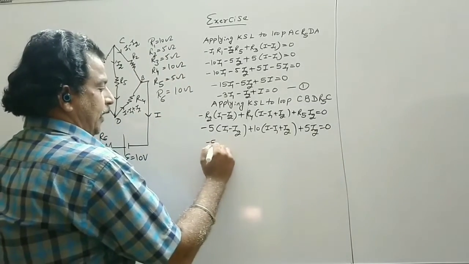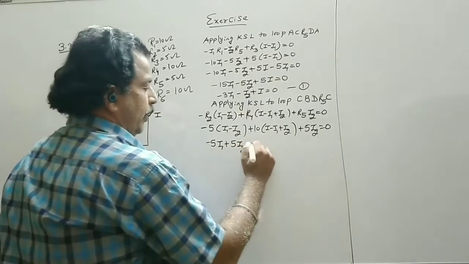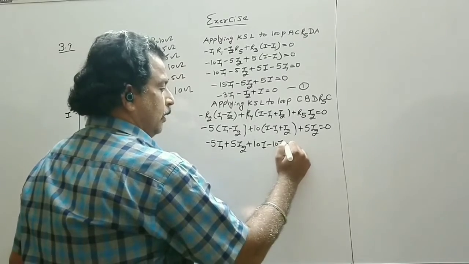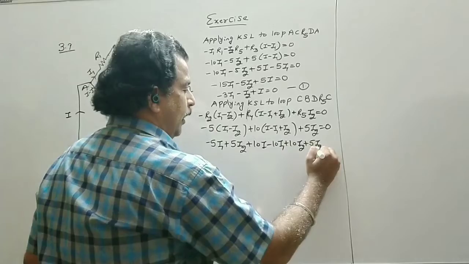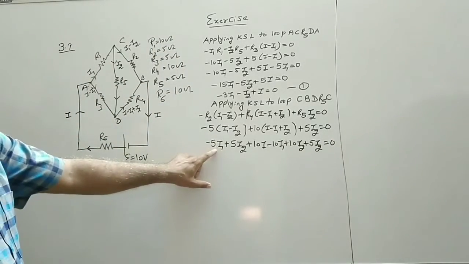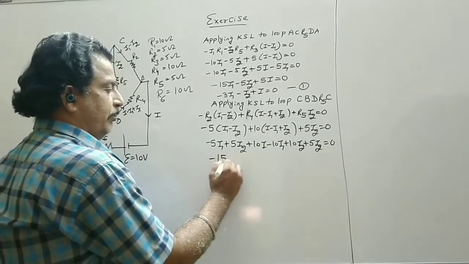So minus 5 I1 plus 5 I2 plus 10 I minus 10 I1 plus 10 I2 plus 5 I2 equal to 0. So for I1, minus 5 minus 10, that is minus 15 I1.